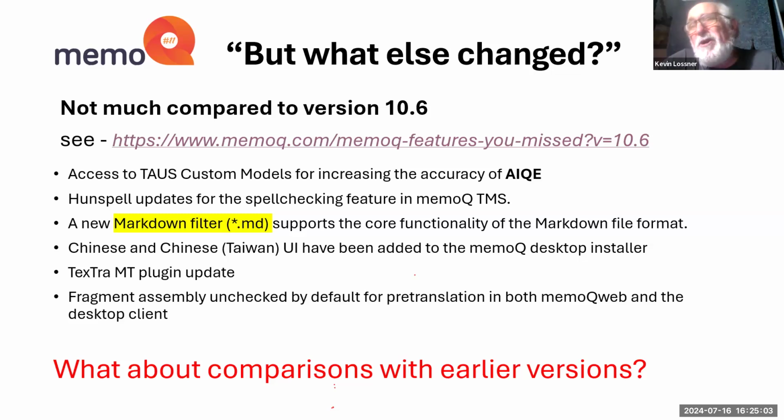And maybe this Markdown filter would be important. Although, honestly, I've never been given a Markdown file to translate. But it does seem that this format, which has been around for more than 20 years now, is gaining in popularity, probably because of the difficulties of having so many different authoring platforms that become the places from which source files are taken for translation.